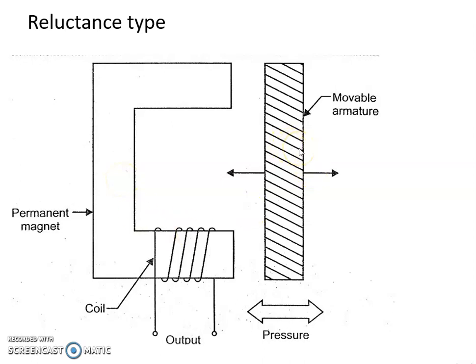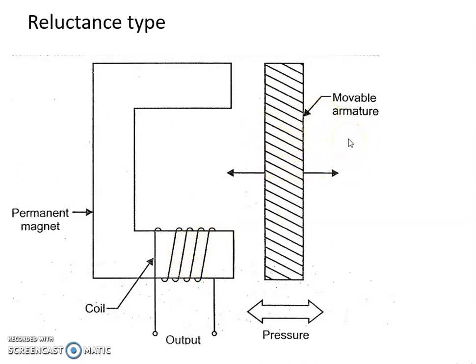For pressure measurement, the elastic deformation element moves this armature closer to or farther from the permanent magnet. The reluctance of the coil, which is wound around the permanent magnet, changes with the movement of the armature.